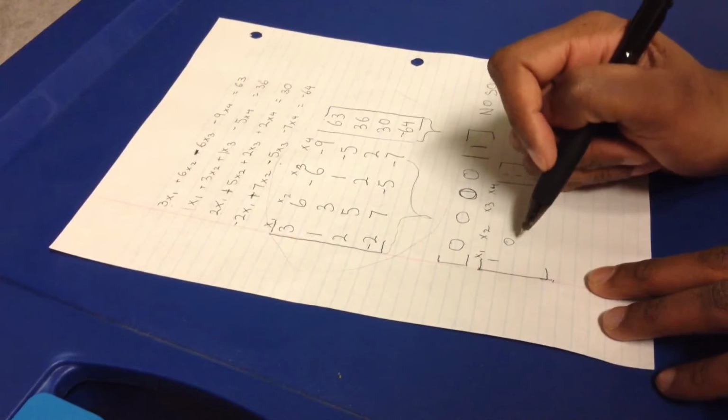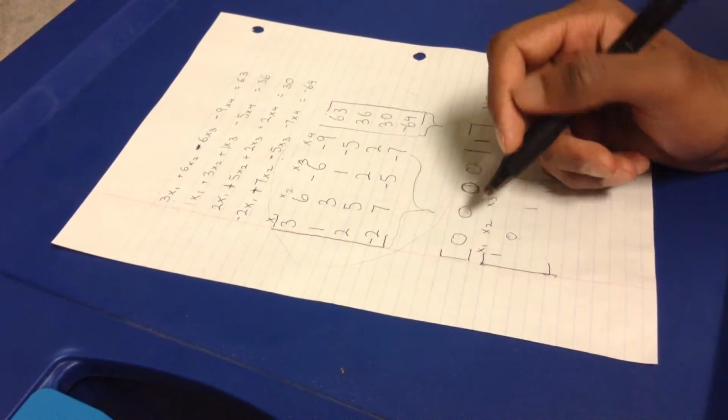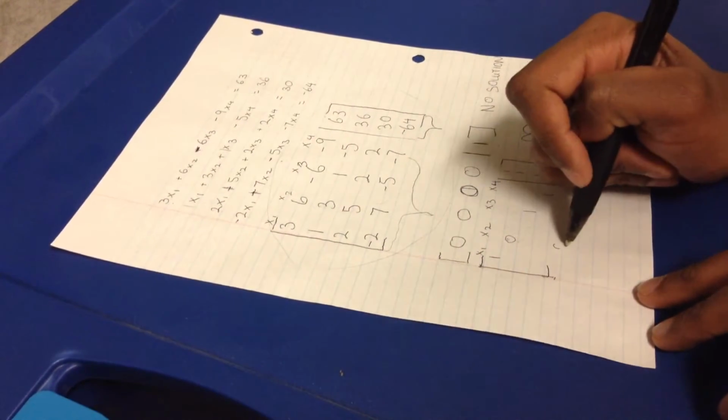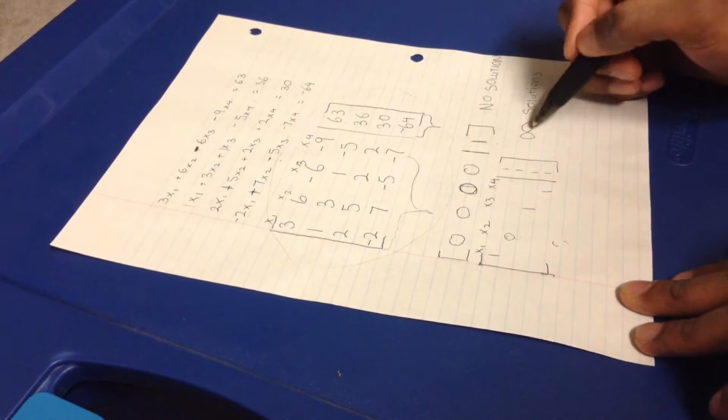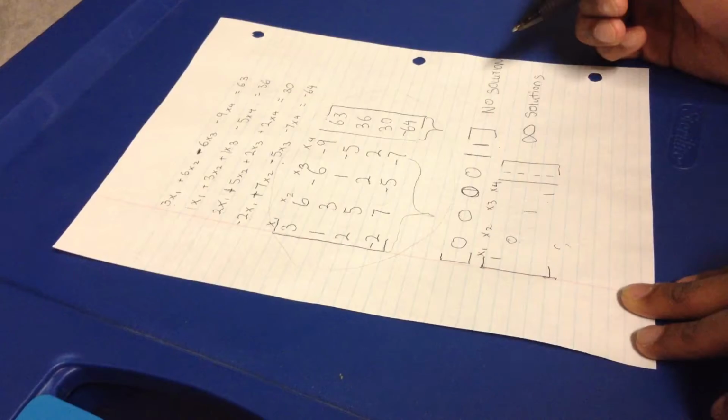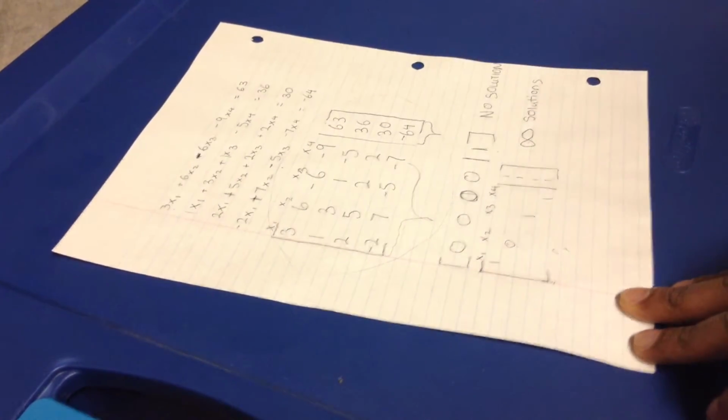Once you add a variable like r, s, or t, the solution becomes infinitely many, because r could be any number.